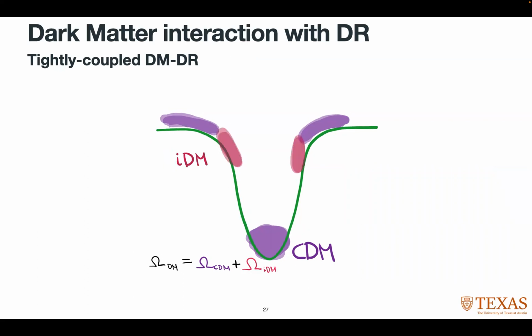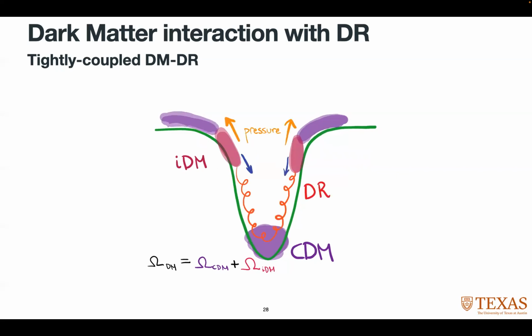Now, let's say the dark matter consists of cold dark matter, and there is some fraction of interacting dark matter. In this case, the interaction between the interacting dark matter and dark radiation gives pressure outside its potential well.